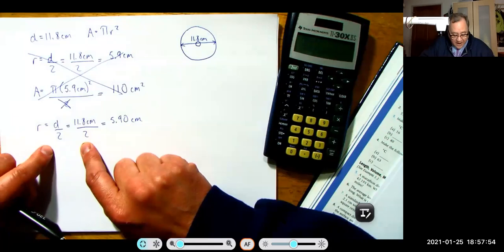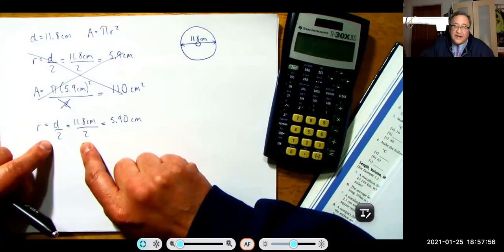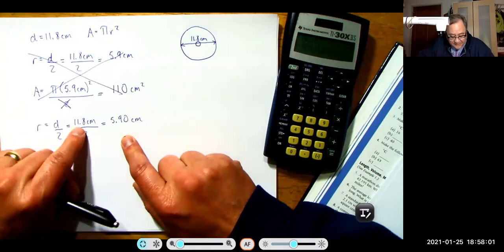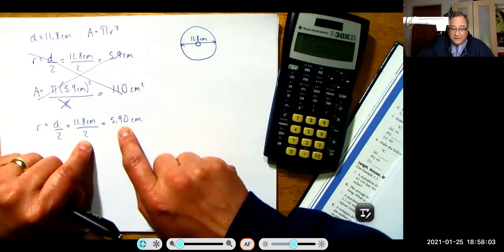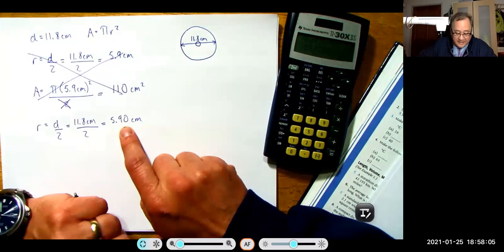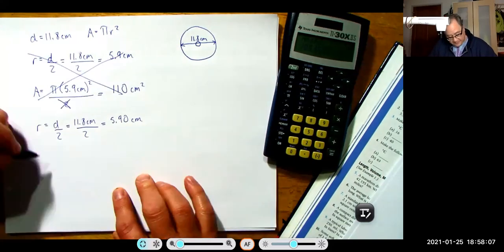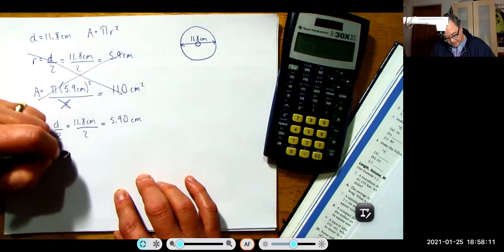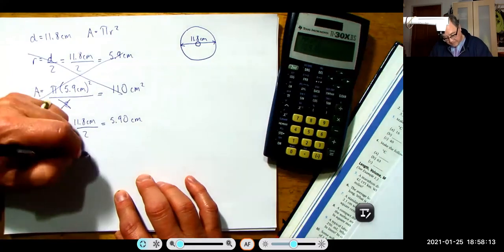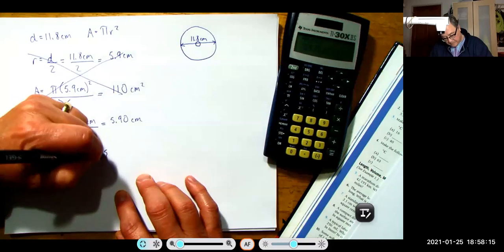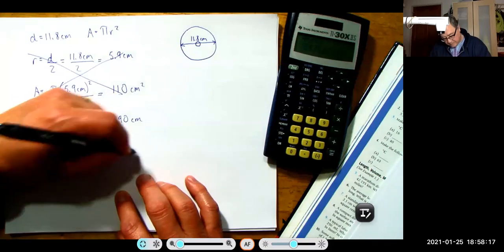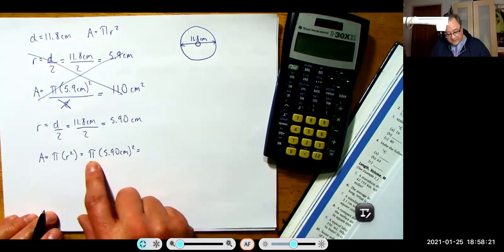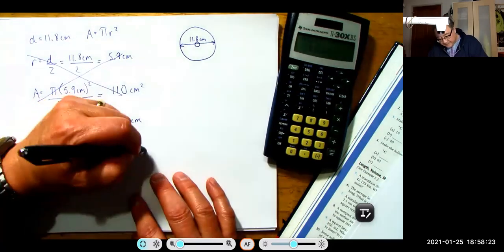It's really the other way around. 2 radii make 1 diameter. If that has 3 sig figs and this is exact, this should have 3 sig figs. So I have to put a 0 on the end. Three significant figures, at least 10. We're going to end up with 3.